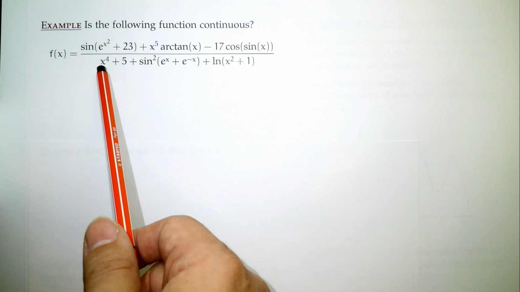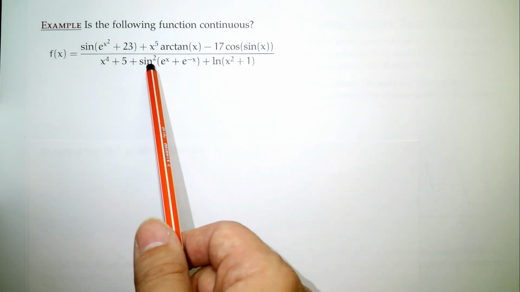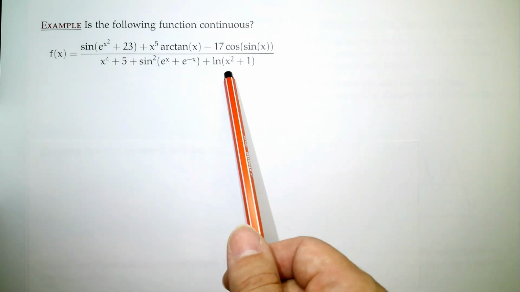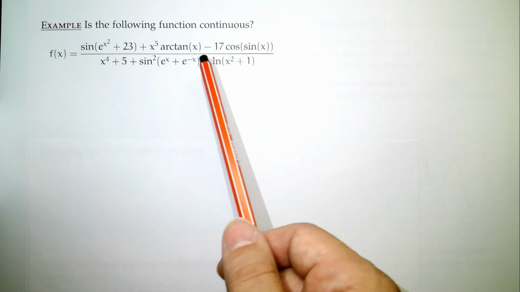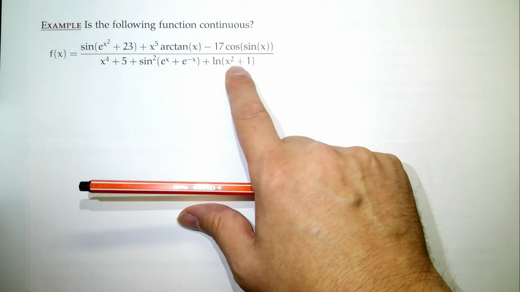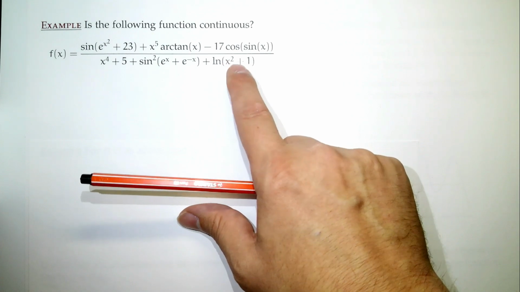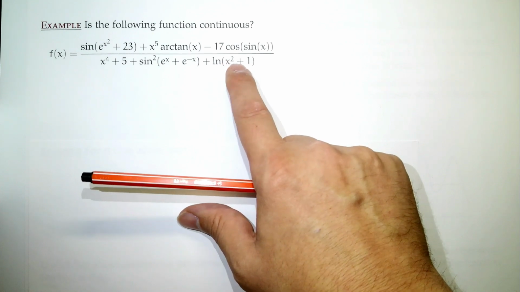All right. Well, certainly, notice the x to the 4th. That can't be negative. Sine squared can't be negative. What about log? Log could be negative, but look at the inside of the log. How small can x squared plus 1 be? 1. That's the smallest they can get. Well, okay, so log of 1 is 0.